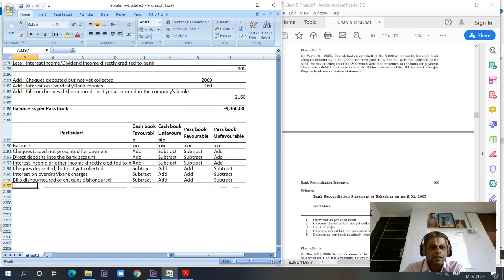Then what you will arrive at is the balance again. So this is how you will arrive at the balance. The concept remains the same. This is how the treatment will look.